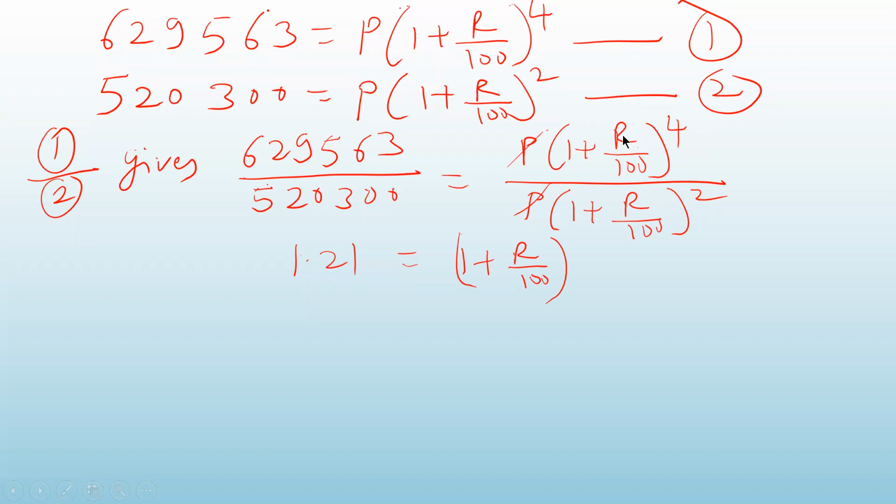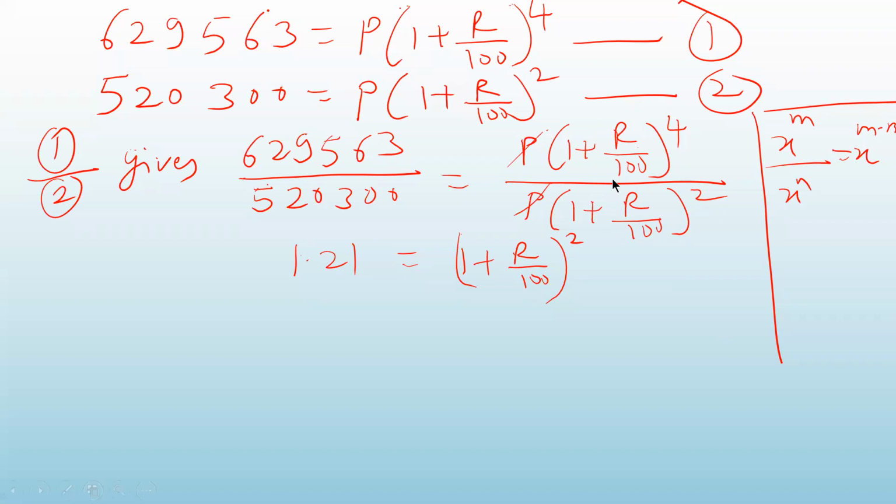So if the base is same and there is a division, then the powers get subtracted. So I'll get 4 minus 2, that is 2. So which formula am I applying here? X raised to m divided by x raised to n. The base is same and there is a division. So what will happen to the power? Power will be subtracted. It equals x raised to power m minus n.